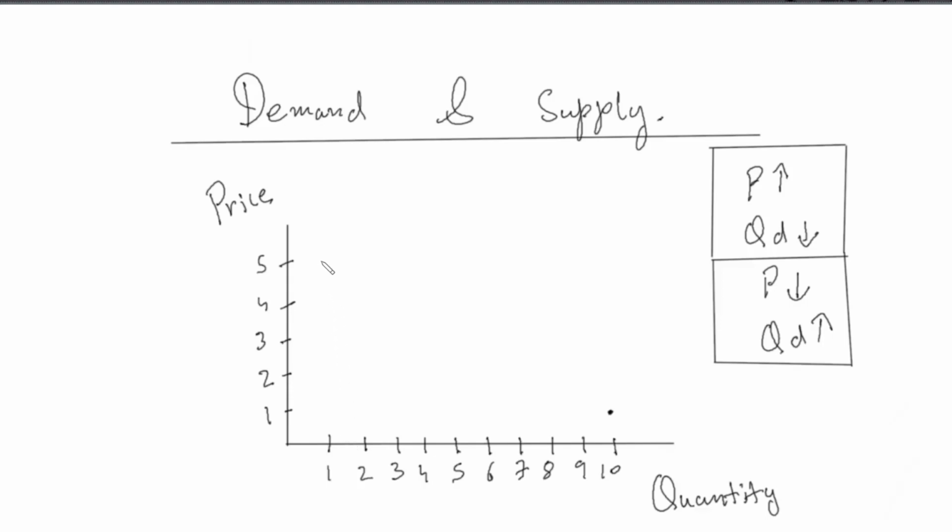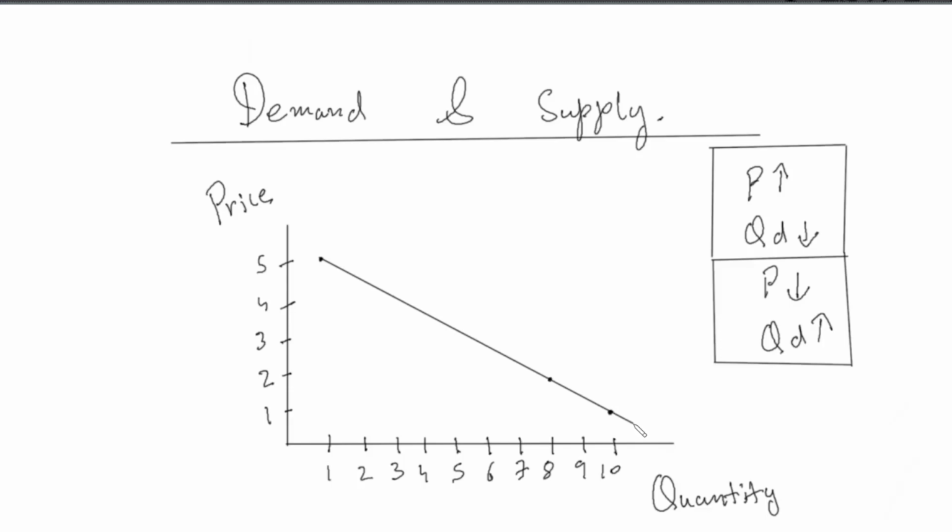At $4, 5 units are demanded. At $2, 8 units are demanded. So what's happening is as prices are going up, the quantity demanded is decreasing, and if the price would go down, the quantity demanded would increase.